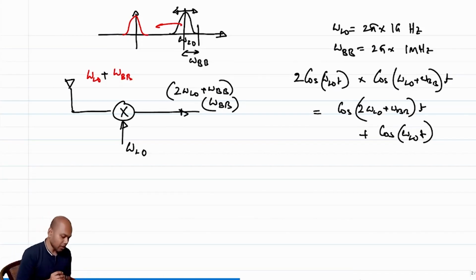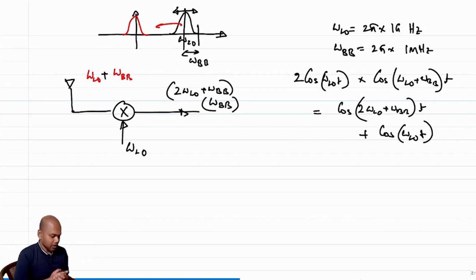So what is the signal of interest between these two? Clearly, omega BB is the frequency of interest, and the good thing is now omega BB or FBB is around 1 megahertz, and 2 omega LO plus omega BB is around 2 gigahertz. So they are far separated, I mean, far off in terms of frequency, right? So why do I say it's a good thing?